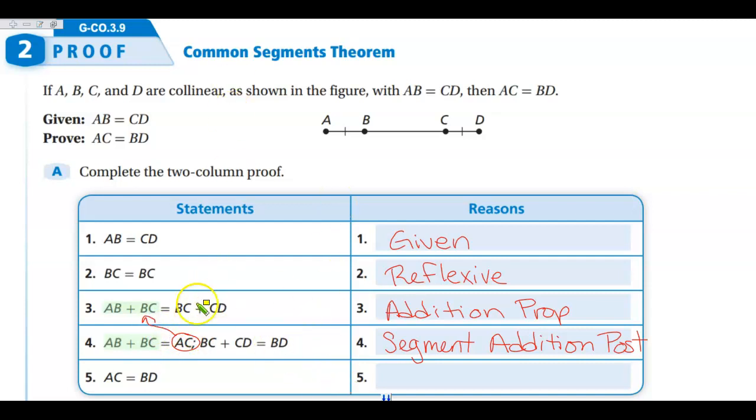Then I have the same thing over here. I have BC plus CD, BC plus CD. So I'm going to take this and plug it in for this. So all I'm doing is just substituting. All right. Any questions on that? Make a note somewhere and we will talk about it in class.